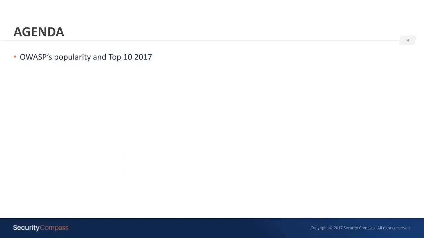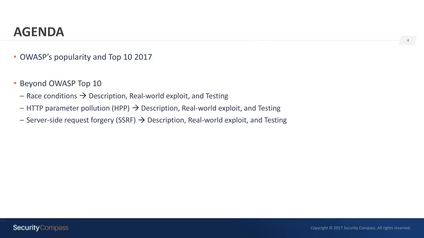The agenda for today, loosely, the first thing that I would like to touch on would be around OWASP's popularity, in terms of why is Top 10 so popular, right? And once we cover that, I would move into, let's go beyond OWASP Top 10.